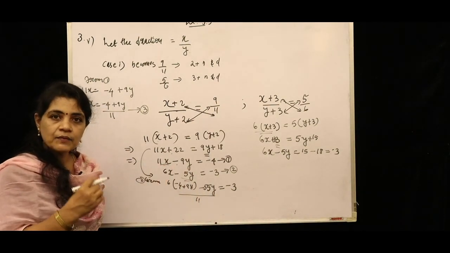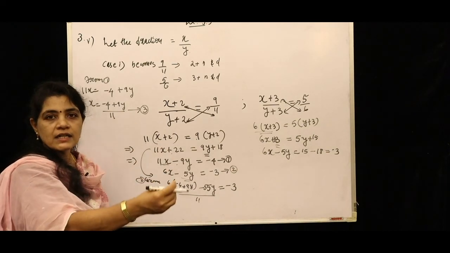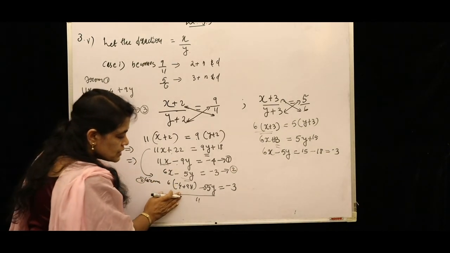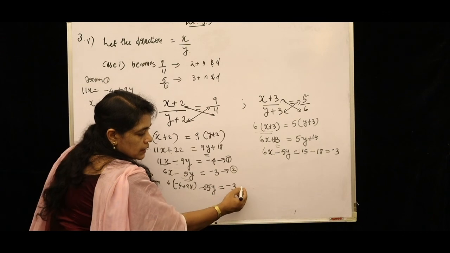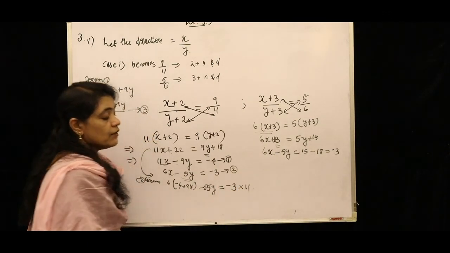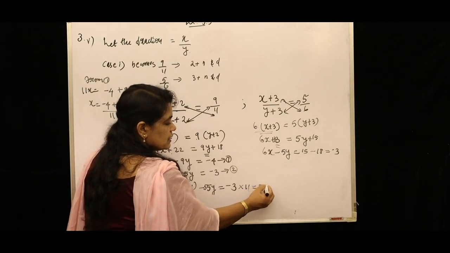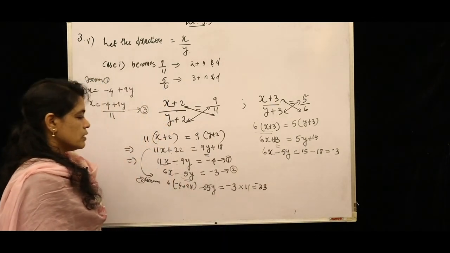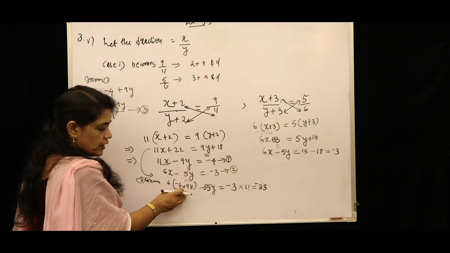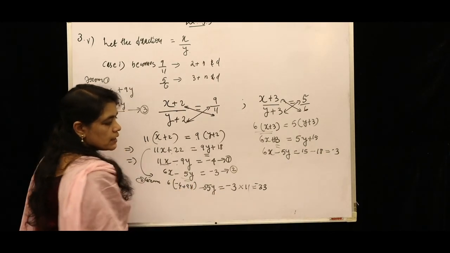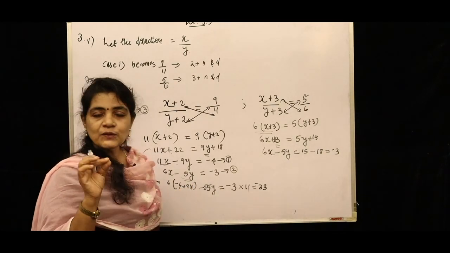And in the next step, this denominator can be taken to the RHS under multiplication. So this 11 becomes numerator, that is 11 into negative 3, that is negative 33. This is what, after simplification of this LHS, you can equate that to the RHS part as negative 33.